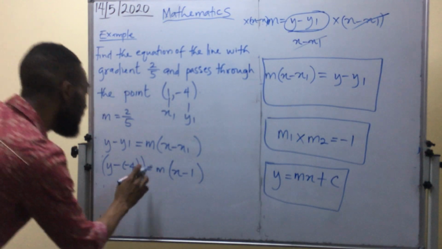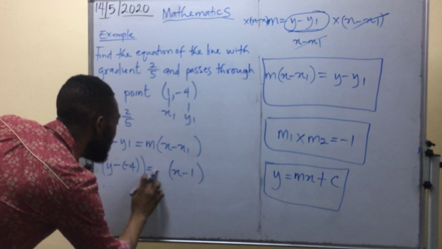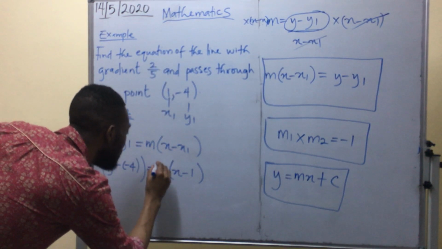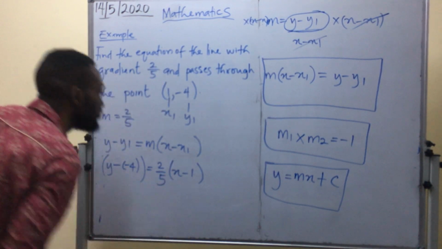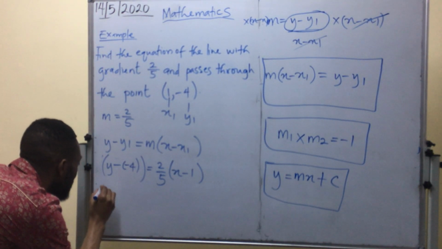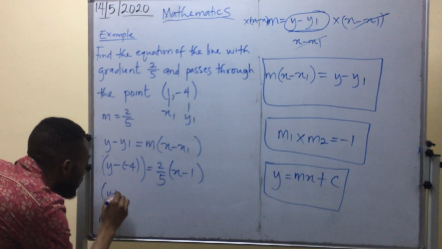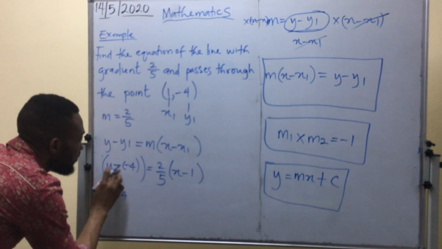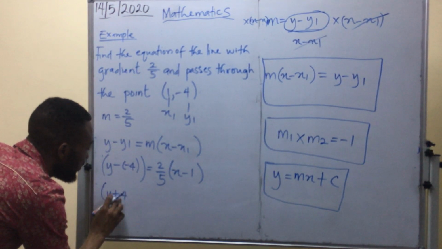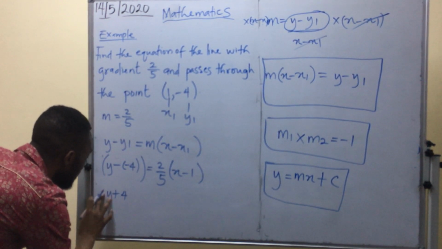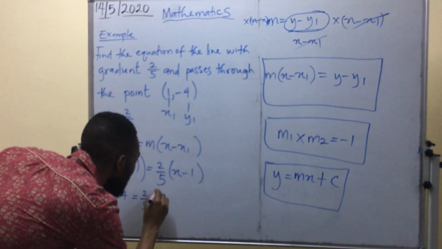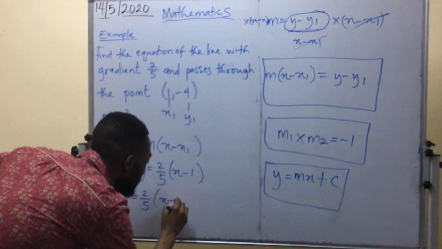So then we place our value for the gradient, which is 2/5. Then we move on, say y plus 4, by multiplying this -4 with the minus here, we have plus. Everything here is y plus 4 equal to 2/5 into bracket x minus 1.